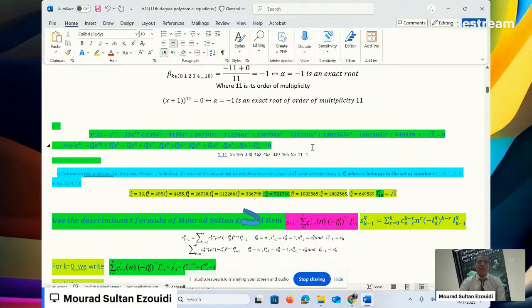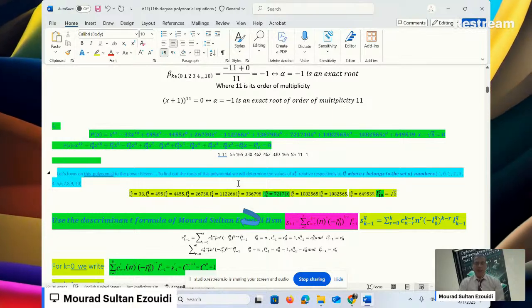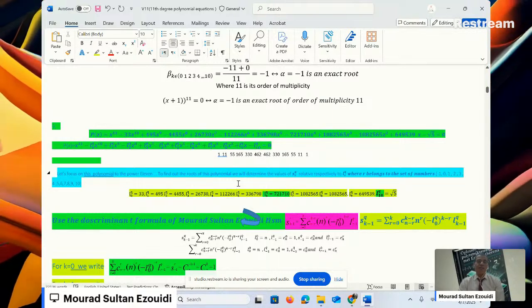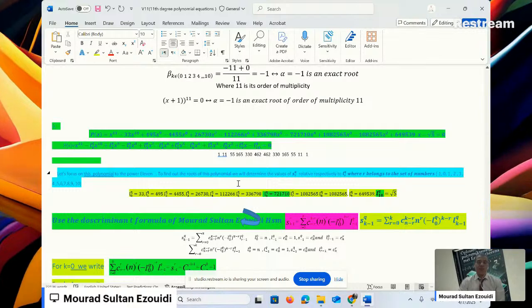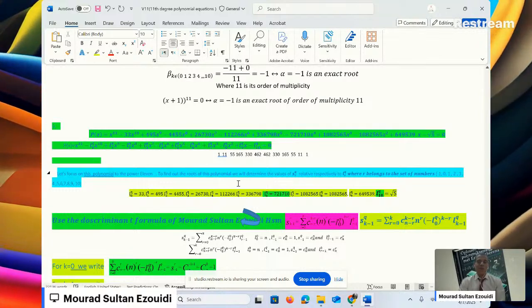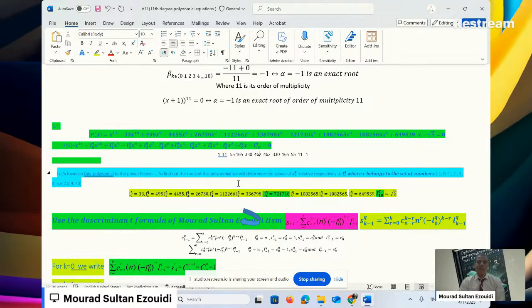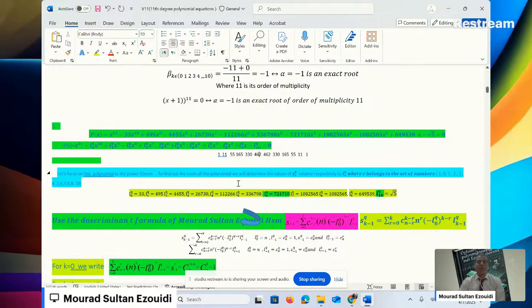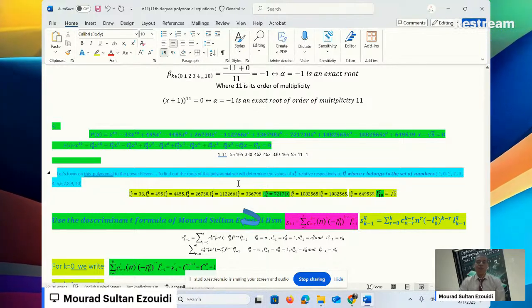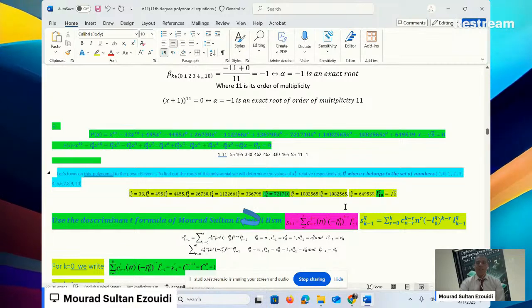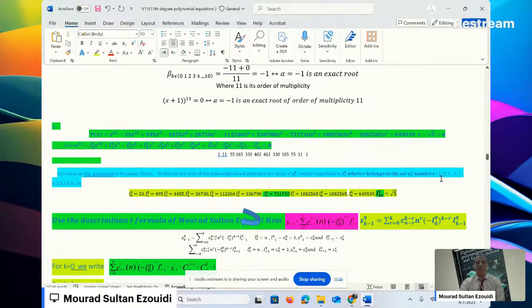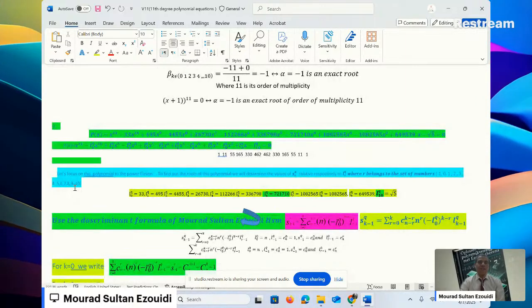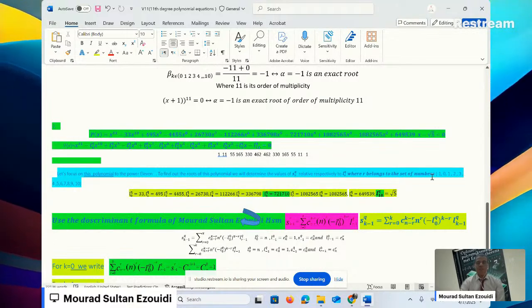In order to find the roots of this 11th degree equation, you should learn to apply the Ezouidi theorem, which will give you the new 11th degree equation. That means you are going to search for the coefficients of our new 11th degree equation, labeled as S subscript k minus 1 of 42, where k belongs to minus 1, 0, 1, 2, 3, 4, 5, 6, 7, 8, up to 10, meaning from minus 1 to n minus 1.